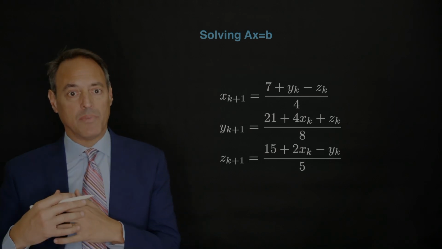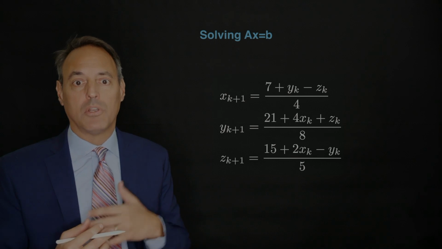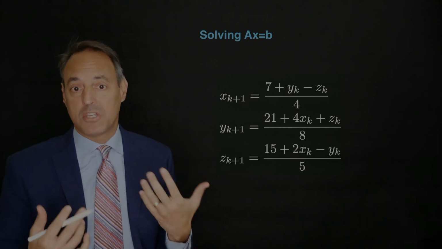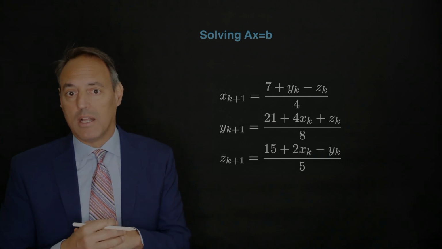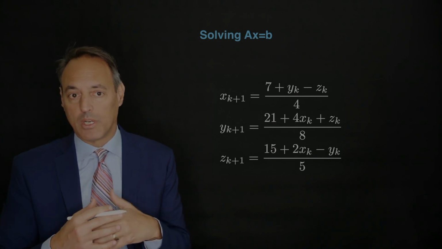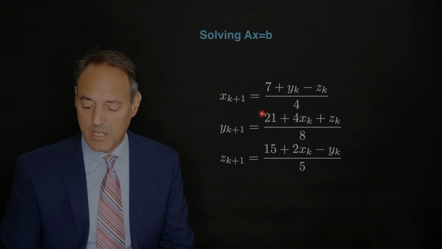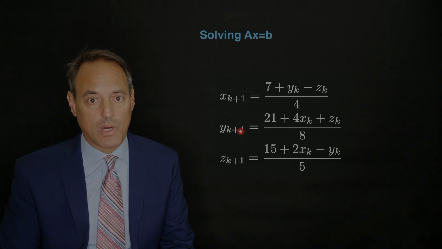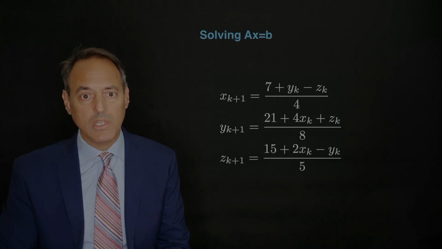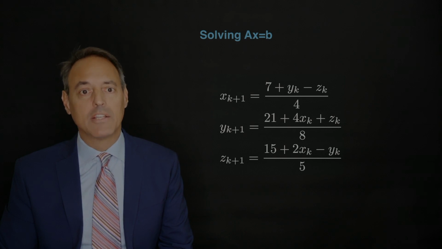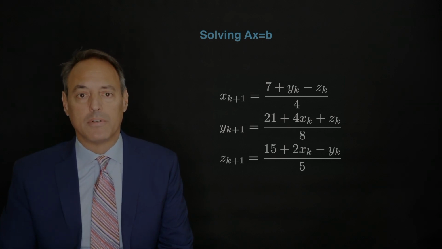At the kth iteration, it gives me the k+1 value. When you guess, you give it the first iteration numbers: x_1, y_1, and z_1 are some numbers, they could be zeros. That allows me to take these formulas and produce x_2, y_2, and z_2. From x_2, y_2, z_2, I can produce x_3, y_3, z_3, and so forth. I can just iterate forward.